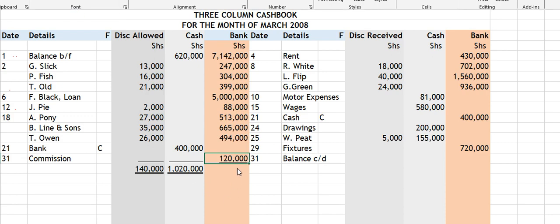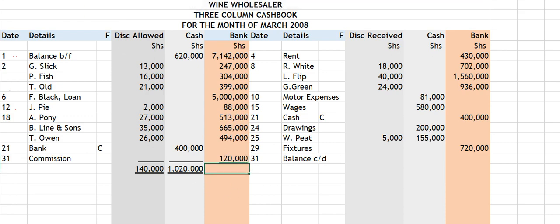I'll sum up the bank column of the debit side of the cash book. That gives us 14,972,000. That's what we have on debit.